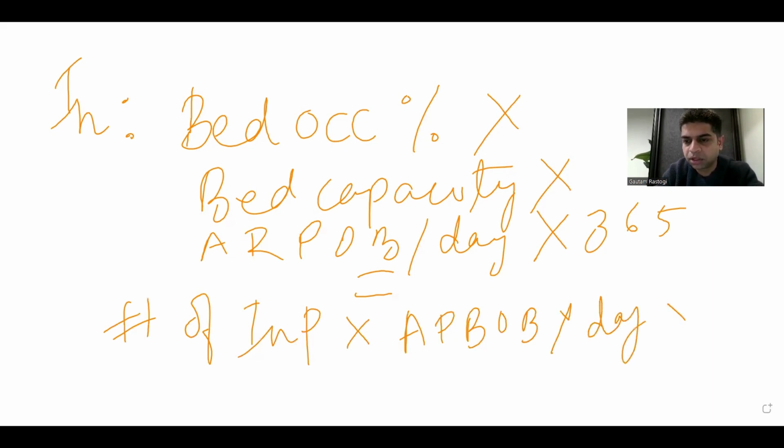And then it's number of inpatients times average revenue per operating bed per day times average length of stay of a patient. This would give you the same, right? Again, a hospital reports on all of these parameters, so it's up to our judgment as to how we forecast these metrics in the future.